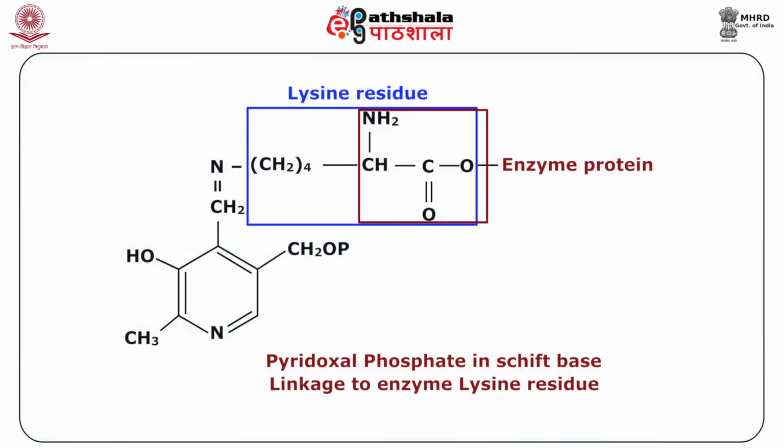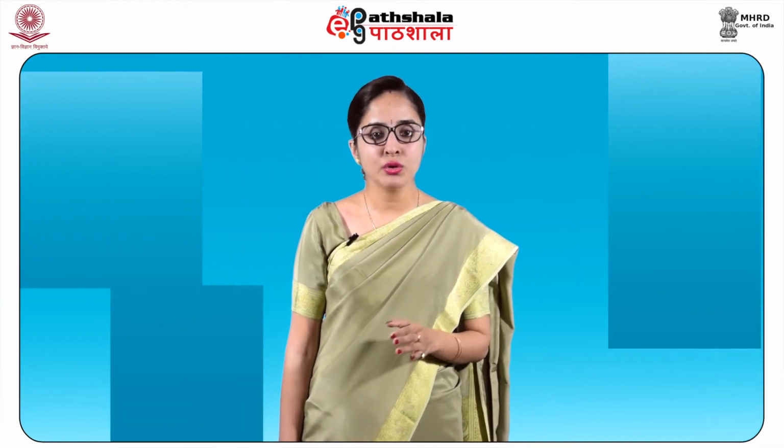And here you can see the structure of pyridoxal phosphate in Schiff base linkage to enzyme lysine residue. The second conclusion was, for an aldehyde to be a catalyst, a strong electron attracting group, for example, the ring nitrogen of pyridine as in PLP, must be ortho or para to the aldehyde group.